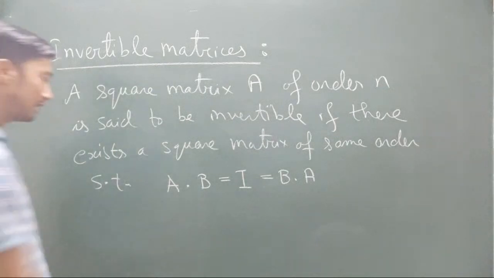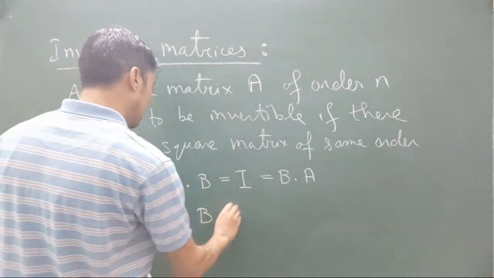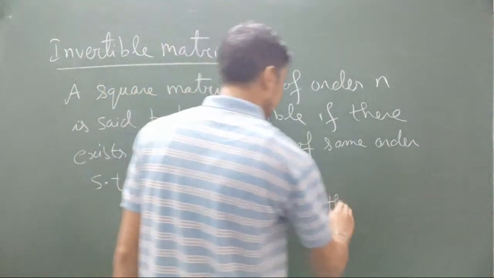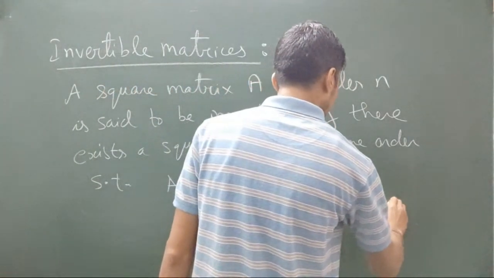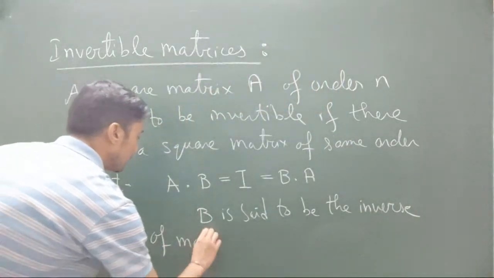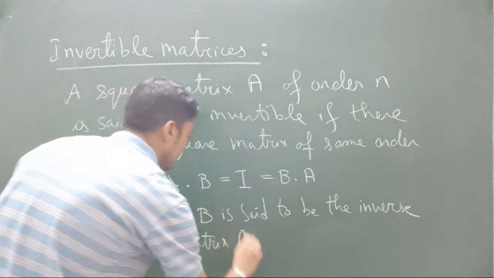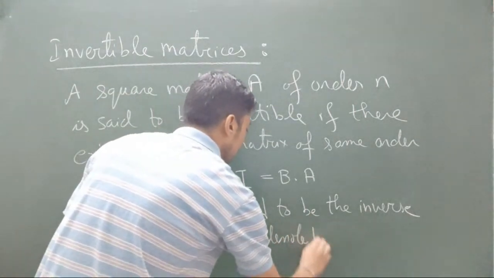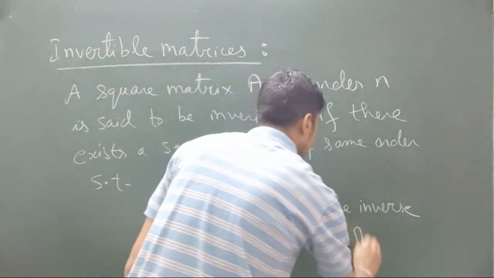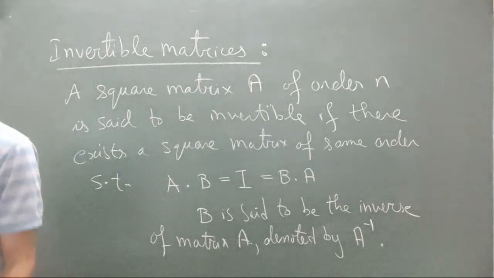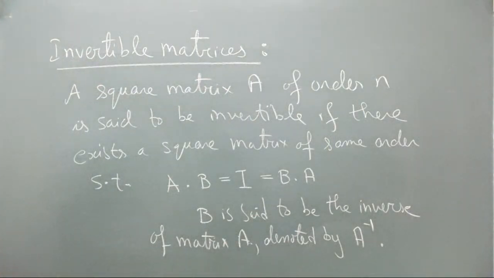So if you come across this case, then we say that B is said to be the inverse of matrix A, denoted by A inverse.